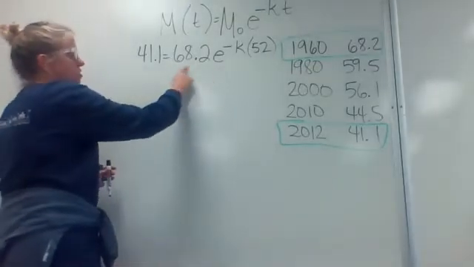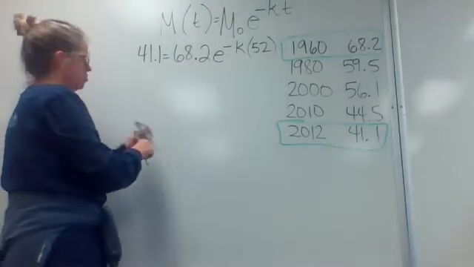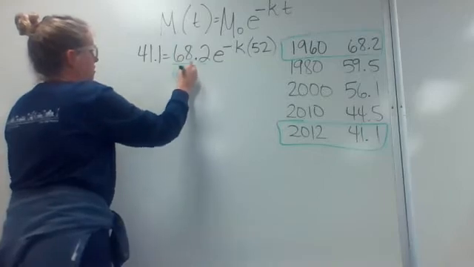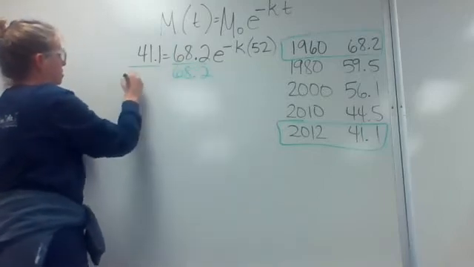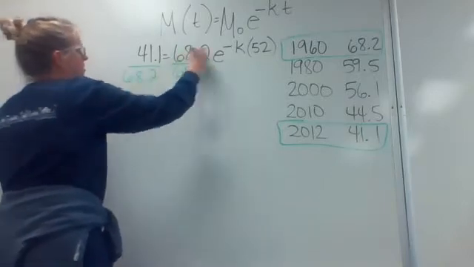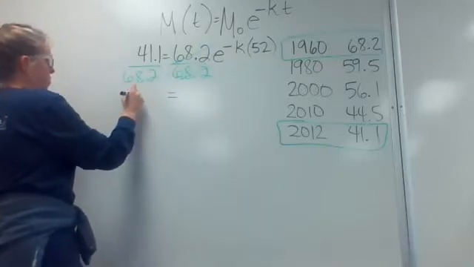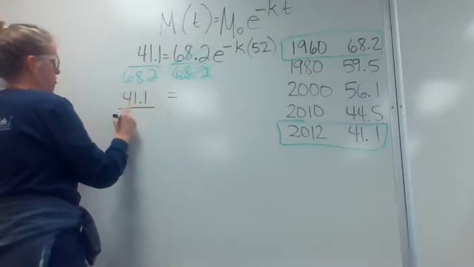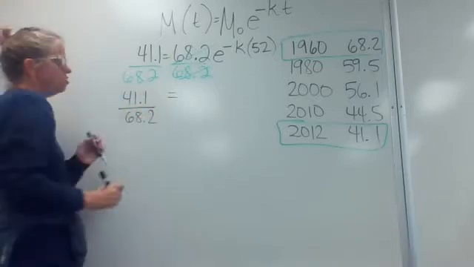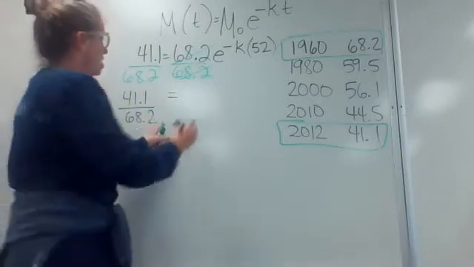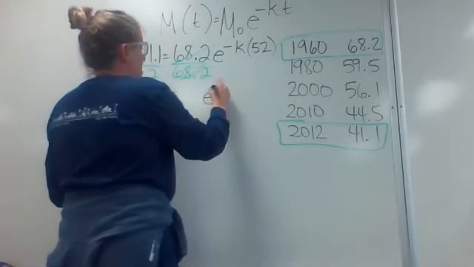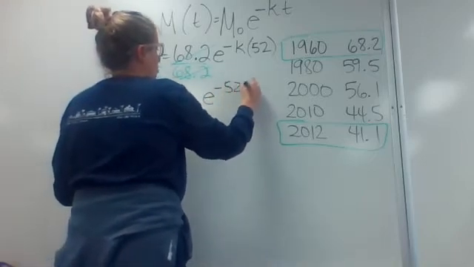The first thing I want to do is get rid of the 68.2, so I'll divide by it. On the left now, I've got 41.1 over 68.2 equals, on the right, e to the negative 52k.